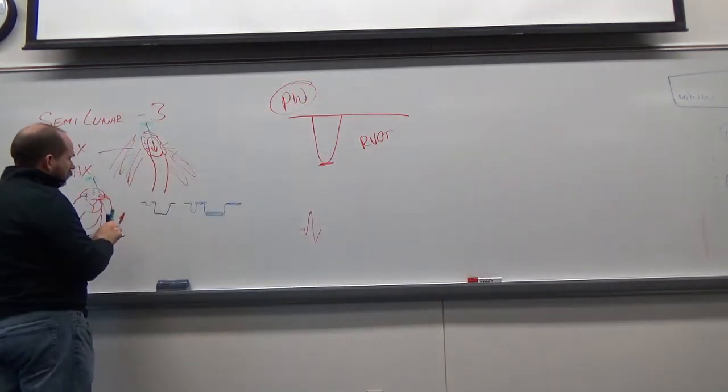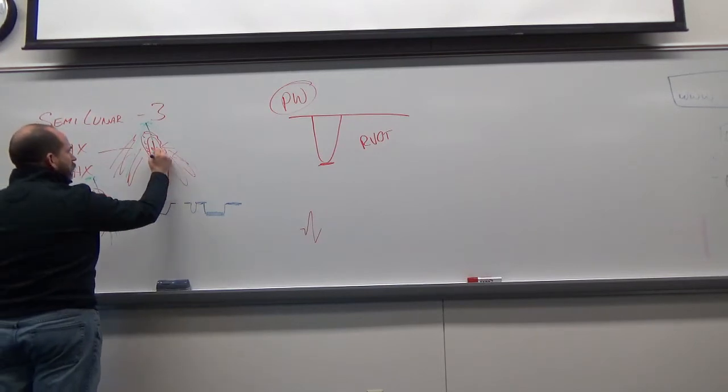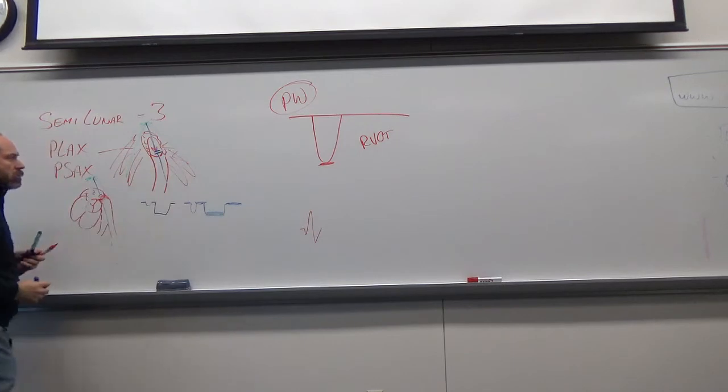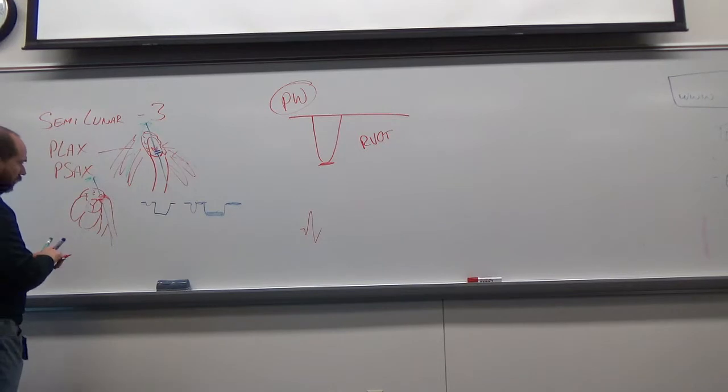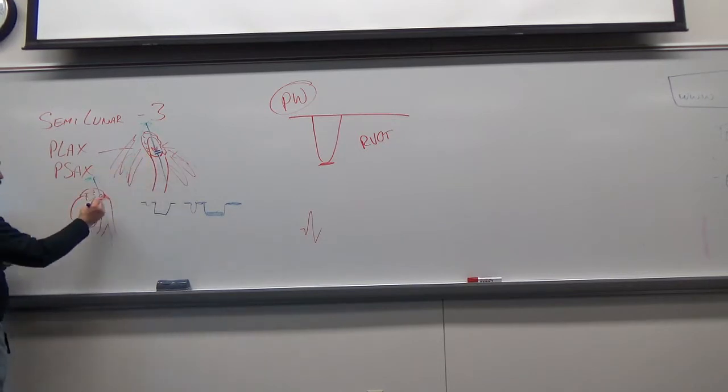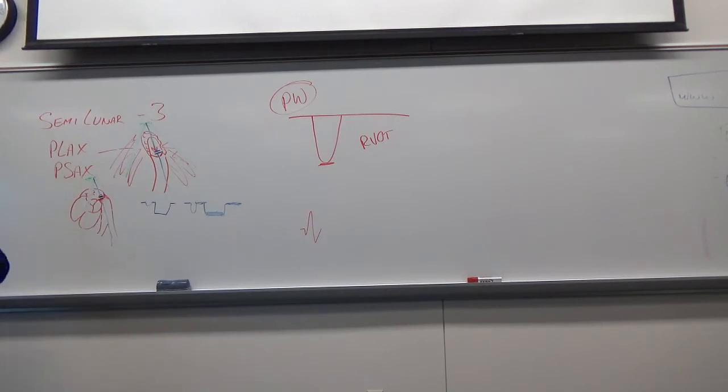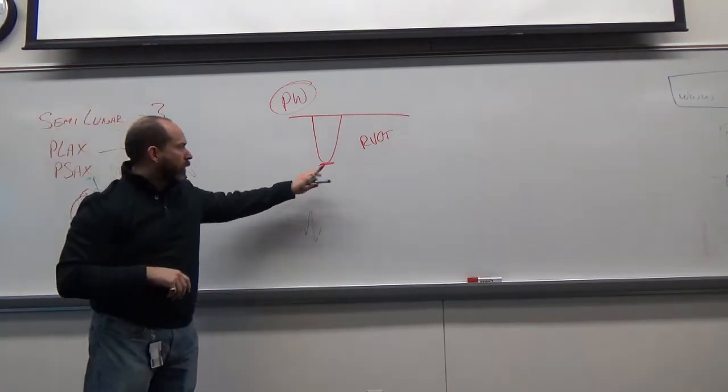Sample gate is going to be just prior to the valve. Okay? So if I'm taking an area, just like I did the LVOT, this is going to be the area just a few millimeters in front of the valve itself. If I'm doing it in long axis, it's going to be there. If I'm doing it in short axis, it's going to be right here, just before the valve. Okay? That's my normal flow.